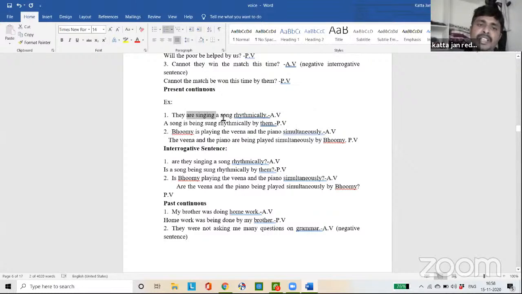In the passive voice, the object becomes the subject: a song. Now is used here. Why? Because in the active voice are is used, and in the passive voice is is used. Because they is plural, so are is used. Song is singular, so is is used. Then why should we use being? Being is the word. Yes, exactly right.